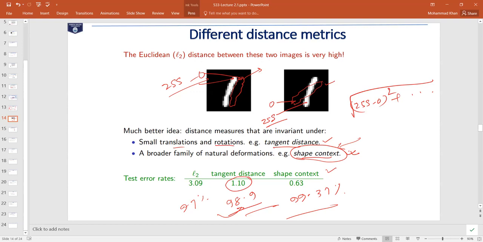Because it is translation and rotation invariant, we can see that the error rate drops even more and the accuracy improved. So if we want to classify with more accuracy using nearest neighbor algorithm, we need to find a distance metric for the data set we are using.